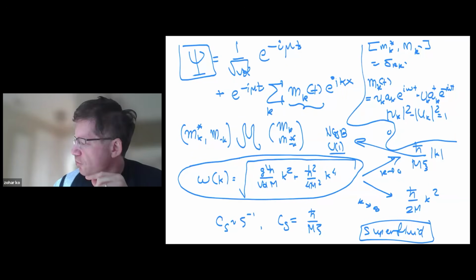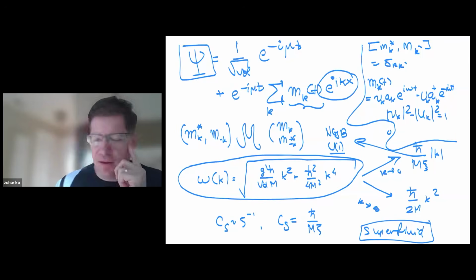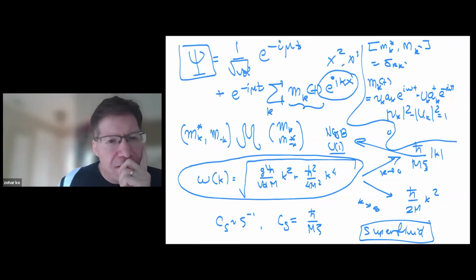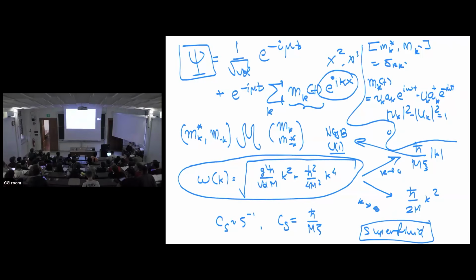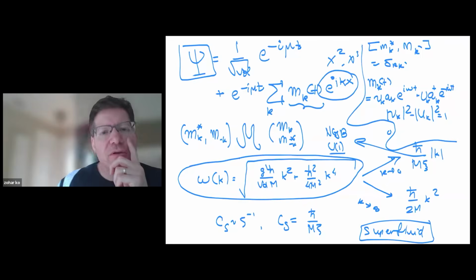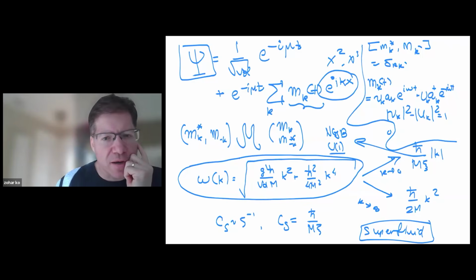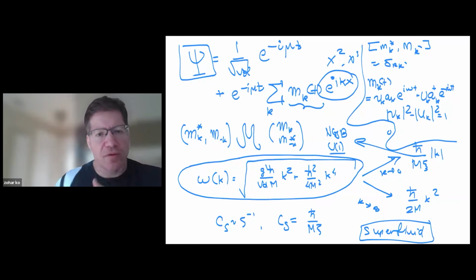Do you mean that instead of choosing exponentials, I should choose powers, like x squared, x cubed, or something like that? Yes. No, but usually when we ask about the excitations of a system with translational invariance, it's convenient to look at excitations which are at a given momentum because we know that the momentum operator commutes with the Hamiltonian. So it's a very convenient basis of functions to use, the exponentials, if we want to study small excitations.